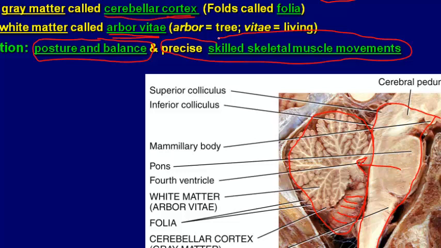So refined, learned movement patterns are controlled by the cerebellum. If you're playing the piano, those fine movements of your fingers are largely fine-tuned by the cerebellum. And that also tells you a lot about a pathology. Someone who has damage to the cerebellum is going to have difficulty with these very precise movements.